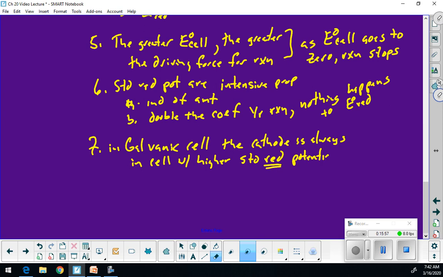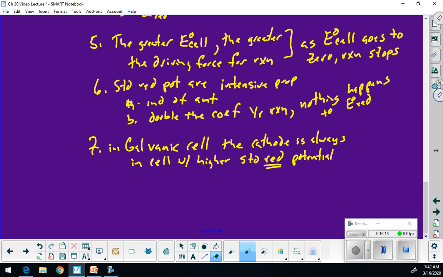All right? So for instance, if I have a cell and I don't know which one's the cathode or the anode, I simply look at the standard reduction potentials. The one that has the higher standard reduction potential, that's the one that's going to be my reduction half reaction, and so that will be where I can find my cathode.